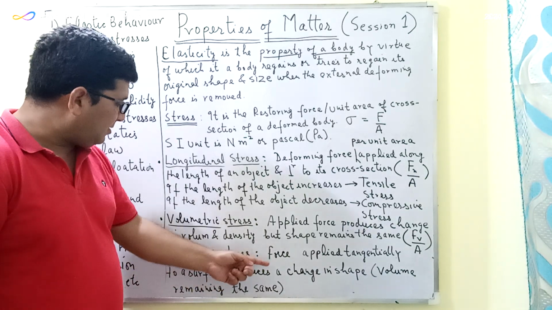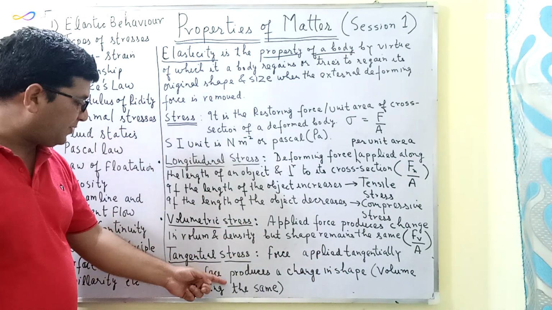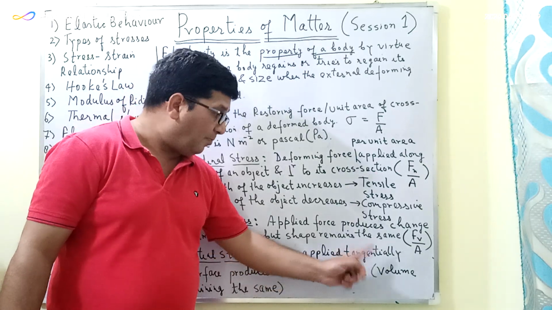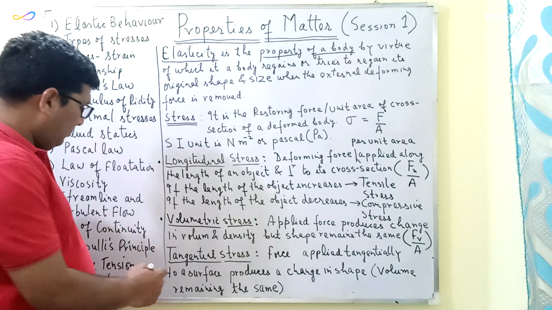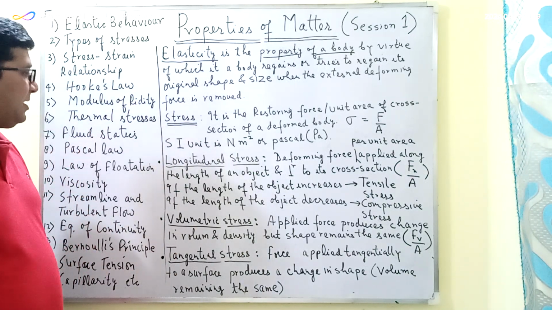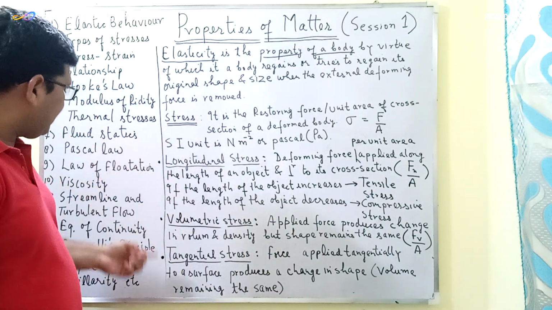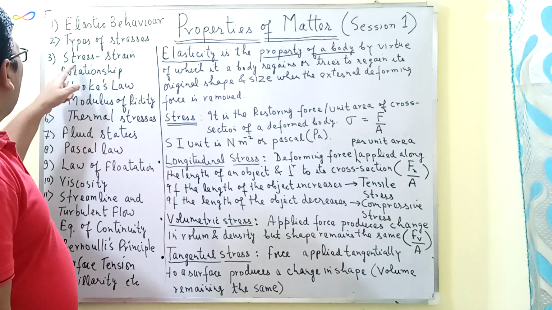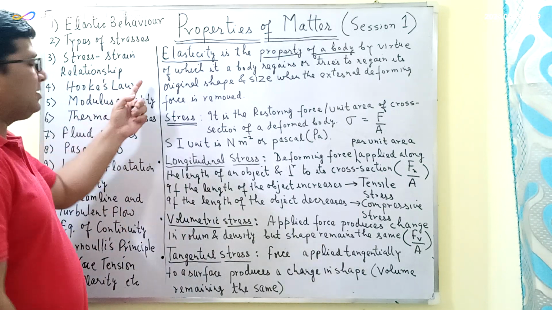It is the force applied tangentially to a surface, and it produces a change in the shape of the body, but the volume remains the same. So these are the three important types of stresses which we normally encounter, and in the next session I will be dealing in detail with the stress-strain relationship and Hooke's law.